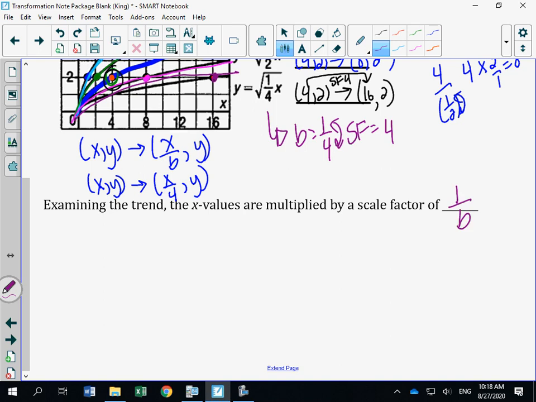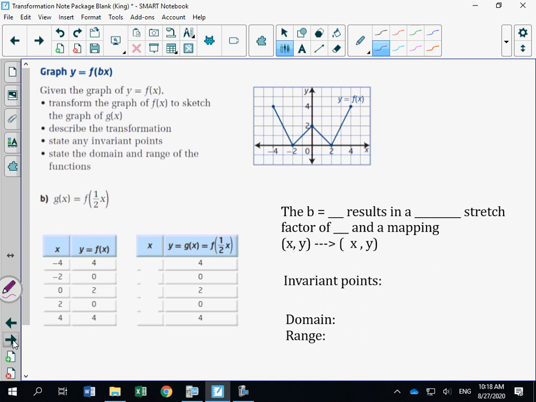Okay? So you're just multiplying your x values by the reciprocal of the b. No, sorry, you're multiplying your x value by the stretch factor. And we'll look at an example here. Okay, so let's do this guy, and then we'll summarize everything.